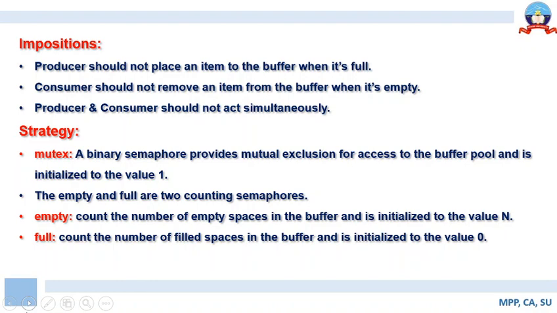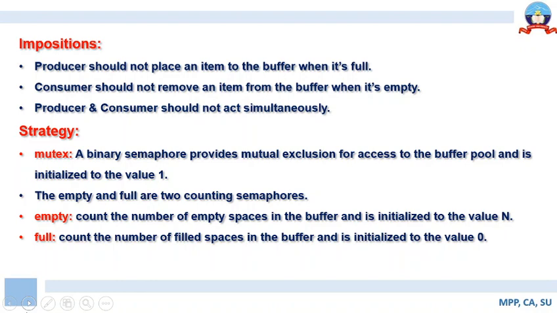So empty and full are two counting semaphores used to keep track of the number of empty spaces and the number of filled spaces in the buffer respectively. This is how the strategy is formulated to perform synchronization between the producer and the consumer process.